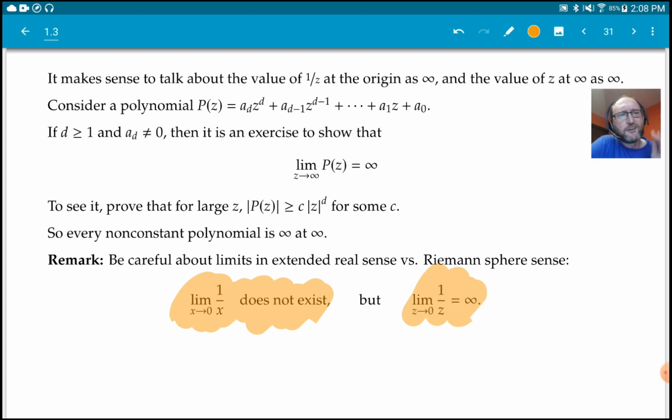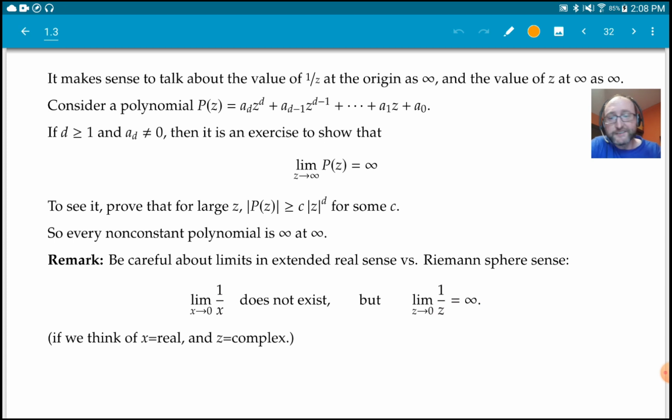That's reading into some subtle context: we always mean x is real. So if I'm taking this limit as some real number goes to 0, I'm probably thinking of the topology in the extended real sense, or maybe just the topology of the reals.